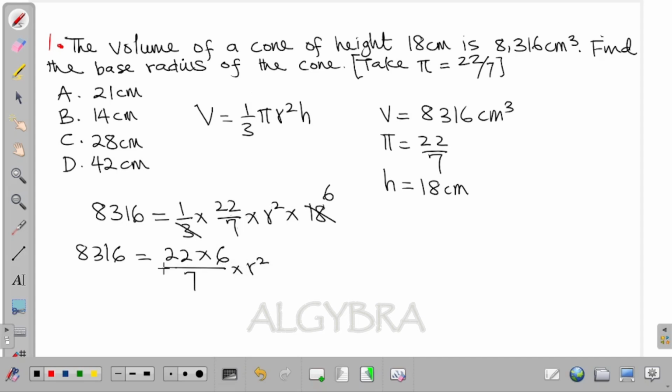Now, to make r squared the subject of the formula, I'm going to multiply both sides by the reciprocal of this fraction. 22 multiplied by 6 gives us 132 divided by 7 times r squared. I'm going to multiply both sides by 7 over 132.